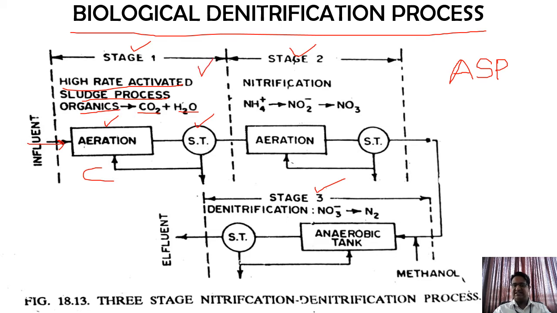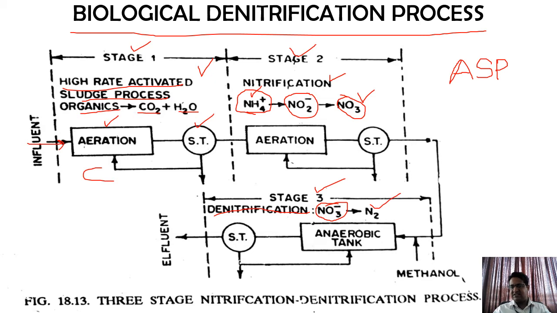In the next stage, ammonia is being converted into nitrate. This is the nitrification process, and nitrite is an intermediate product over there. So ammonia to nitrate is happening in stage 2. Now in stage 3, it is the denitrification process where nitrate is being converted into nitrogen gas.